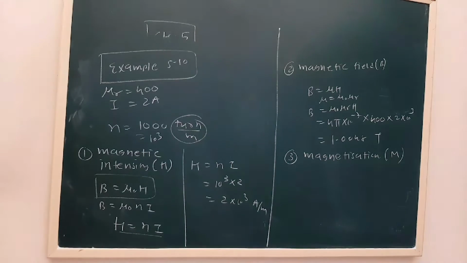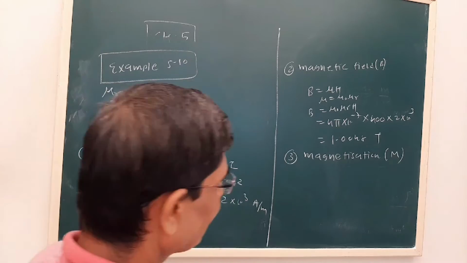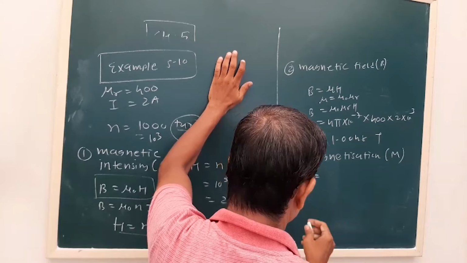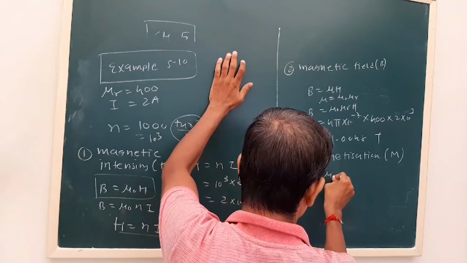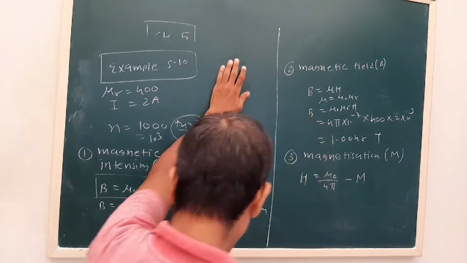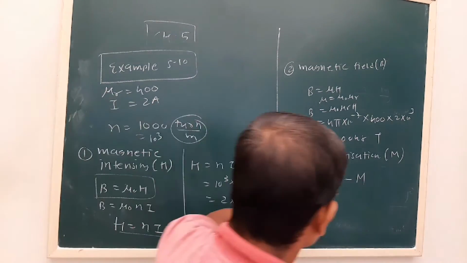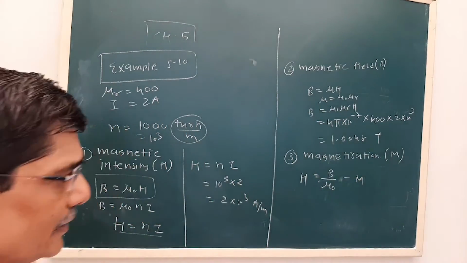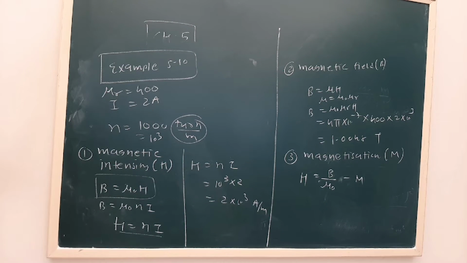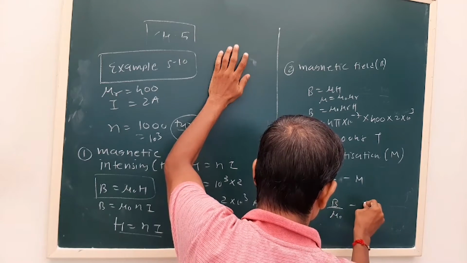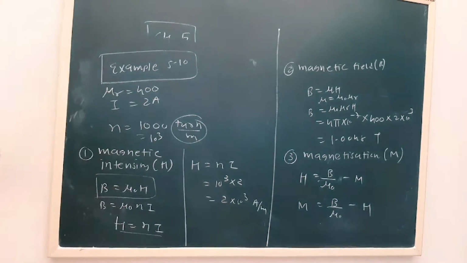See, the magnetization formula is M. Now we have derived the relation that H is equal to B upon mu 0 minus M. So M is equal to... we make M the subject of the equation.